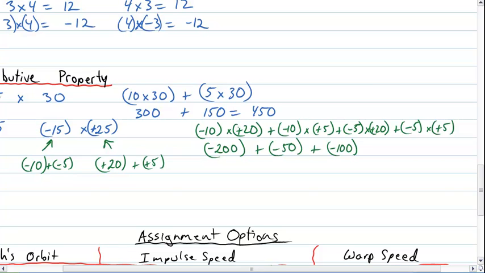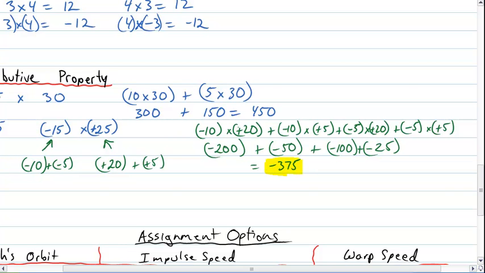Our answer is obviously going to be negative. Plus negative 5 times positive 5 is negative 25. If we add all of these together, we get negative 375. So according to the distributive property, negative 15 times positive 25 equals negative 375.